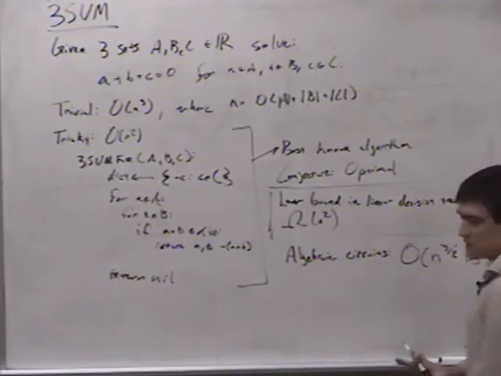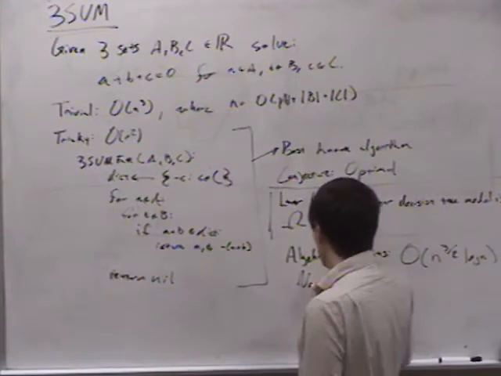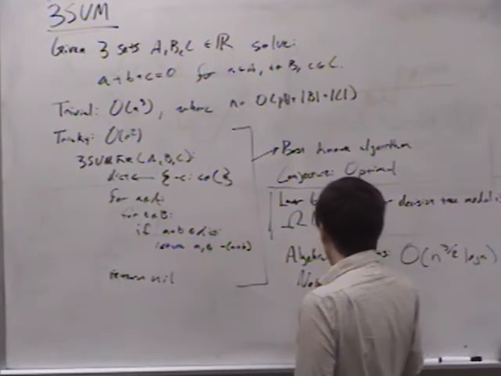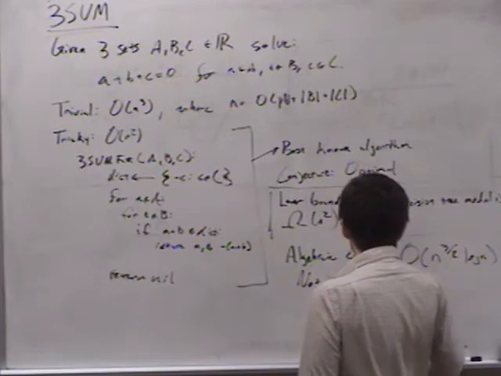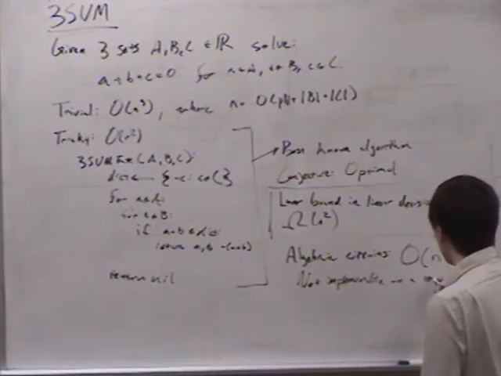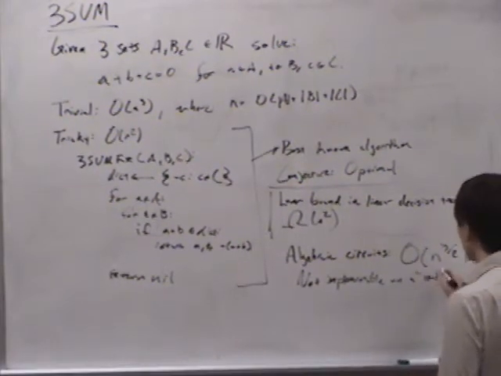But this algorithm is not actually implementable in practice, so it's not implementable on a real computer. Not by a real RAM computer, I just mean on a sort of physical computer.